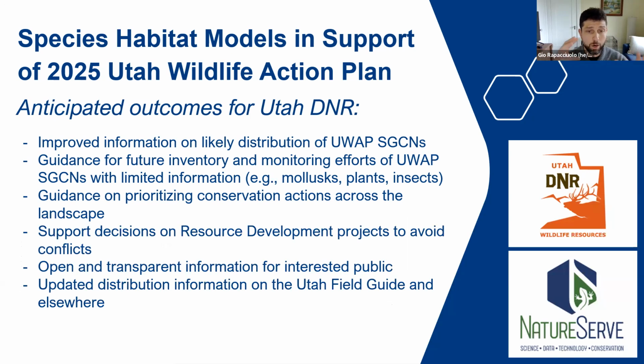They will allow prioritizing conservation actions across space, for example, by highlighting clusters of imperiled species, as well as help support decisions on resource development projects to avoid conflicts. One key outcome as well is that we can now provide a much more open and transparent workflow, both for Utah DNR, but also for sharing that with the public and updating things like the Utah Field Guide and so on.